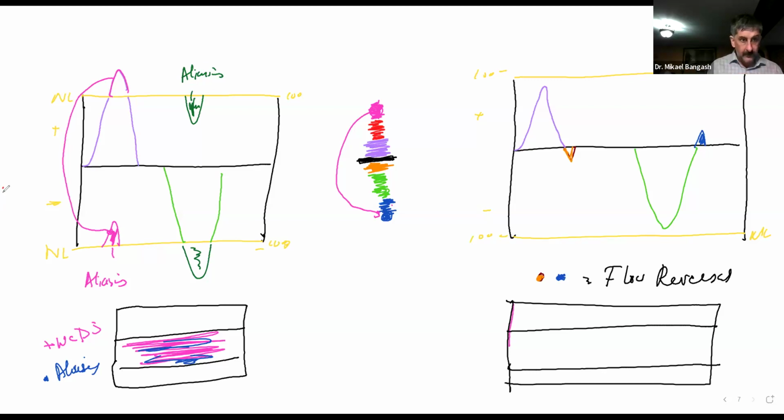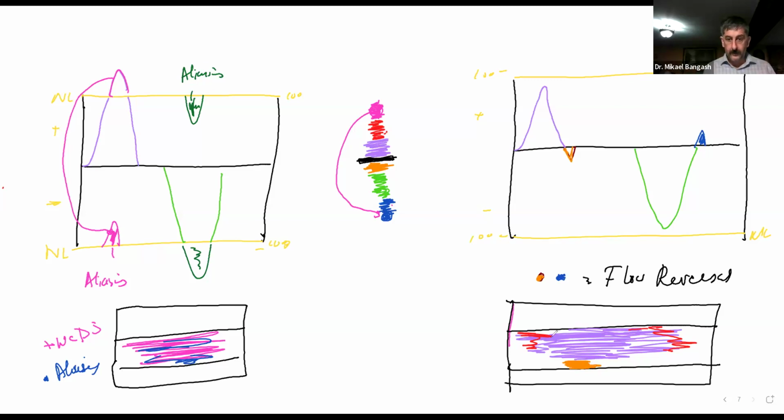Let us just say that this was your blood vessel. Let's put some red color in. That's one. What we see is the color of flow reversal. Let's just mark it here.